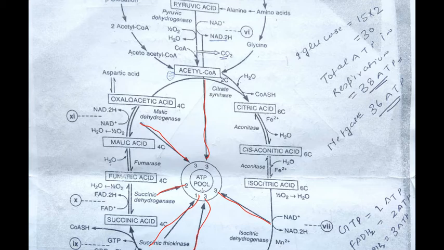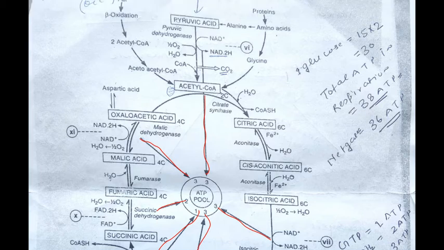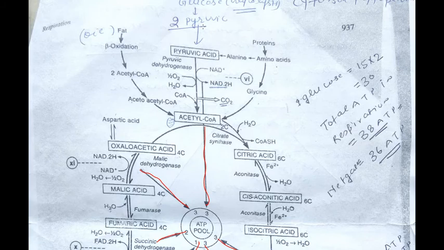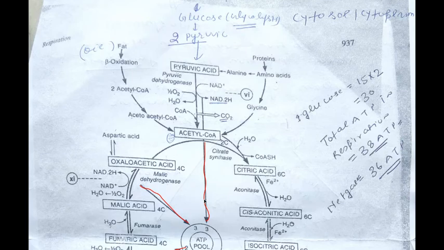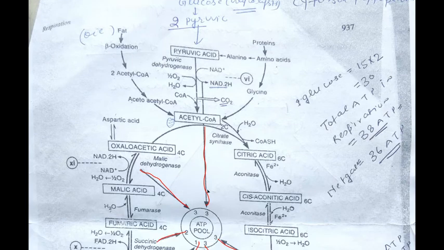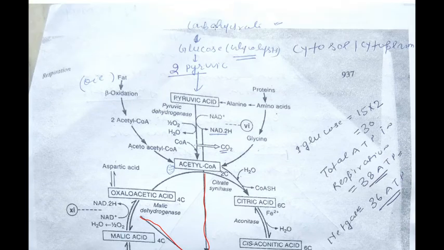When one pyruvic acid molecule enters, it produces 15 ATP. But the concept is that one glucose molecule, if metabolized through glycolysis, produces 2 pyruvic acid. So here we can study for one molecule. The Krebs cycle runs also for the other pyruvic acid molecule, meaning the Krebs cycle happens 2 times for one carbohydrate molecule, because 2 pyruvic acid are produced from one carbohydrate molecule.